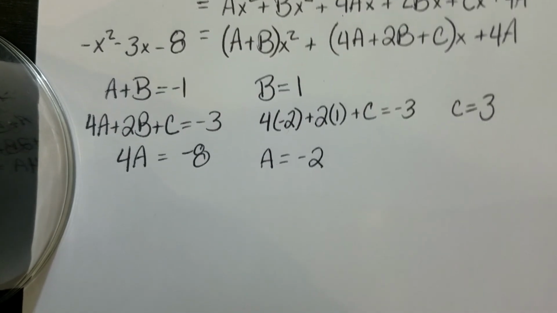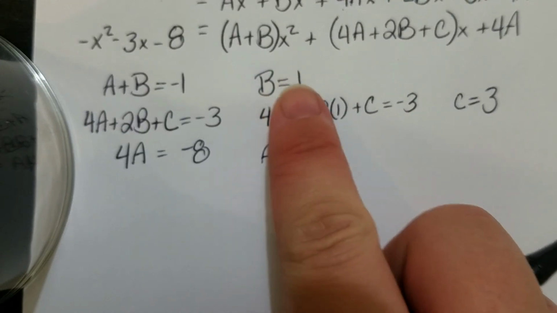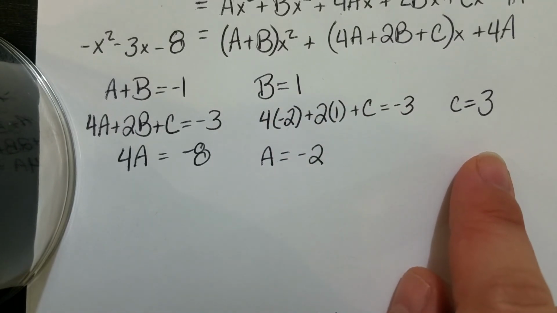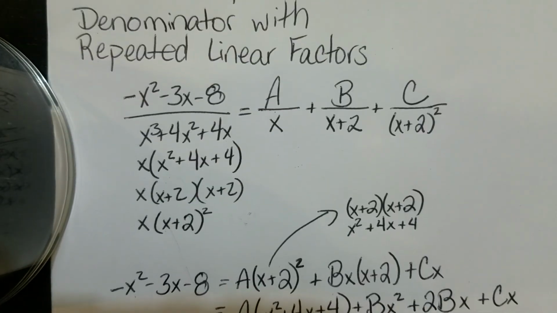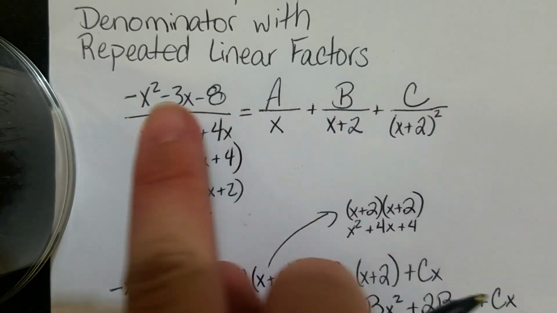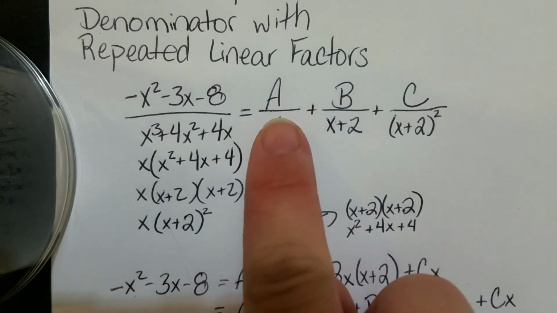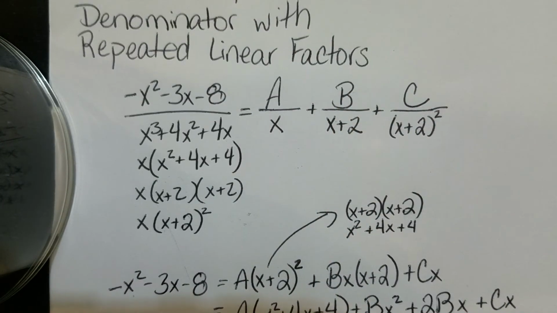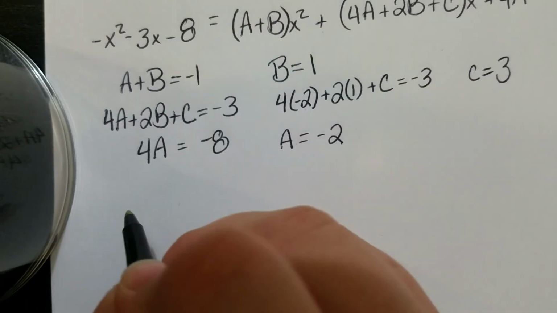So for your final answer, remember getting A, B, and C is good, but really you need to write it in the same format as your starting question. So what you should do is rewrite the question and then write your A, B, C over the fraction. So let's do that.